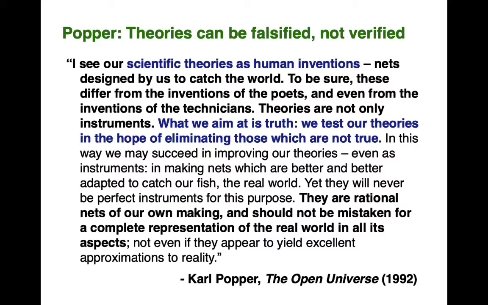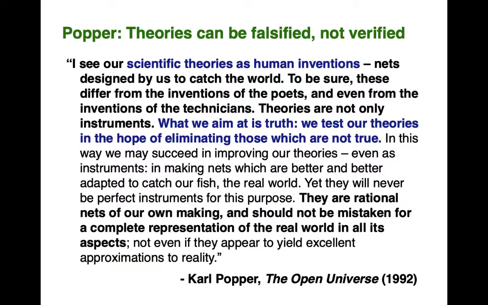I see our scientific theories as human inventions, nets designed by us to catch the world. To be sure, these differ from the inventions of the poets, and even from the inventions of the technicians. Theories are not only instruments. What we aim at is truth. We test our theories in the hope of eliminating those which are not true.